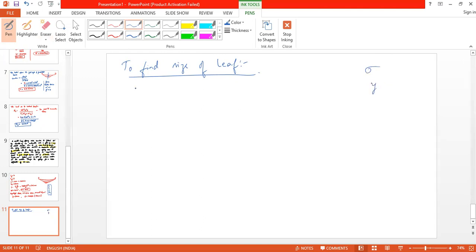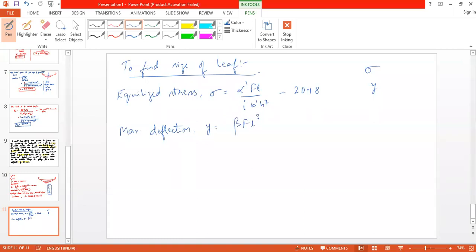So the equalized stress sigma is equal to alpha dash FL by n b dash h square, from equation 20.18, design data handbook. And the maximum deflection y is given by beta FL cube by E n b dash h cube. For this we need the values for alpha dash and beta.